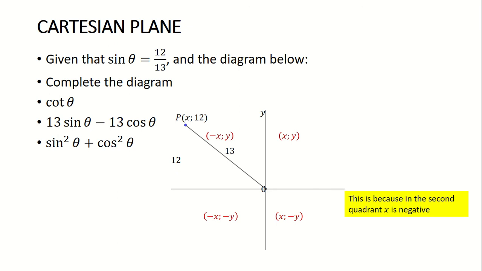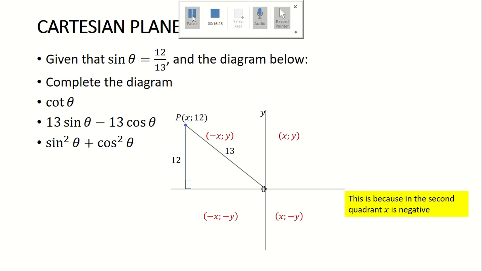Please write those. I did mention them in the previous video. Draw a line against the x-axis, and that line must be perpendicular to the x-axis. Now from here you realize the only thing that is missing is the adjacent.